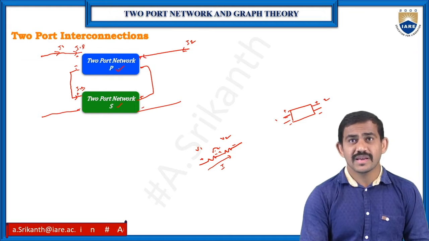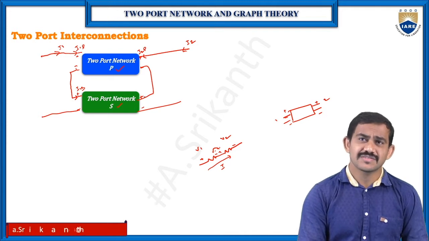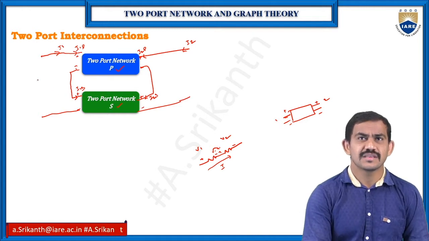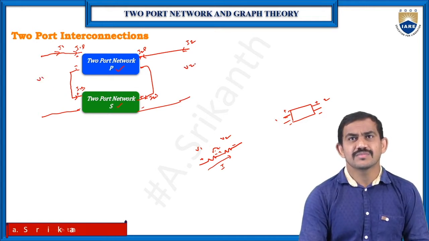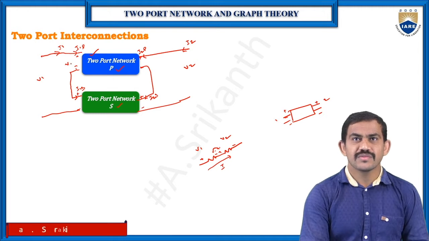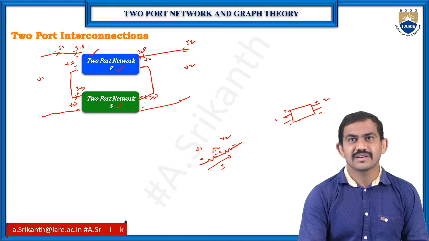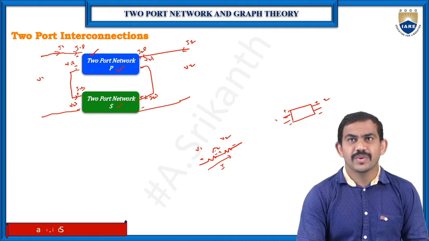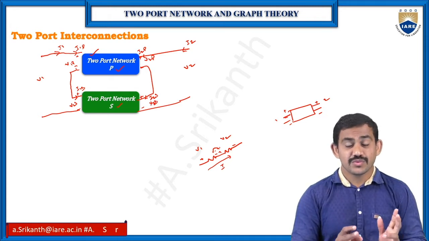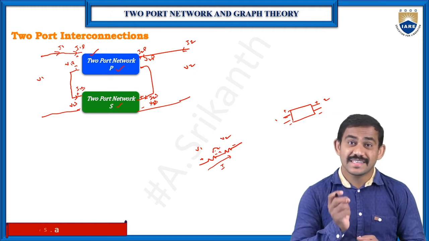In a simple manner, for the P network we have I2 of P, and the same thing for the S network, I2 of S. And the voltages, here V1, here V2, but between the networks we have different voltages: V1 of P and V1 of S, V2 of P and V2 of S. So here the two-port networks are connected to each other.